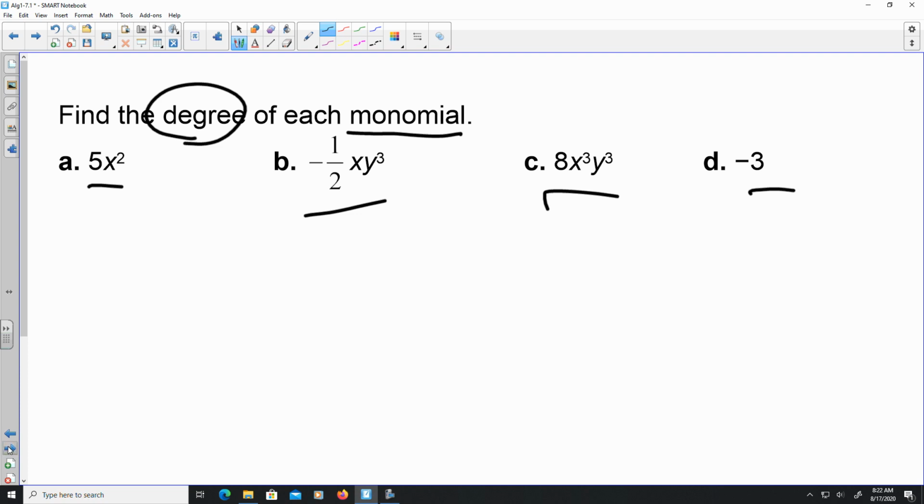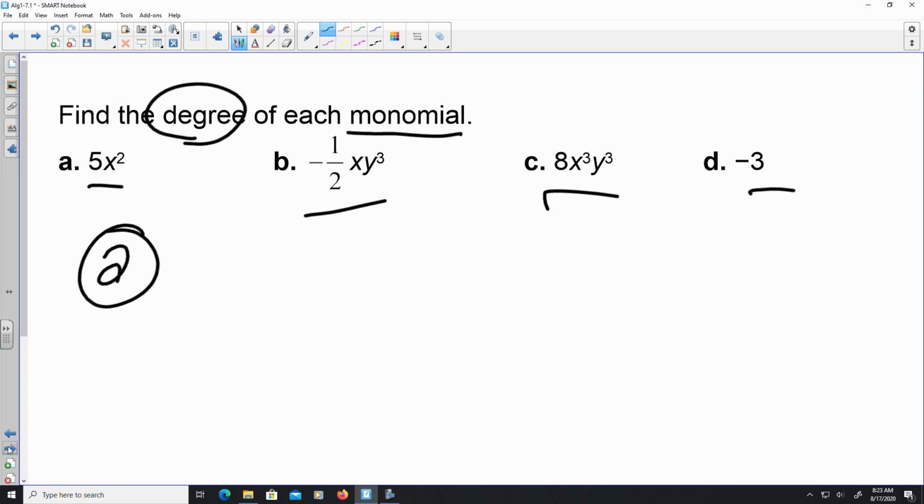When you look at the first example, we have 5x squared. That means x has an exponent of 2, so the degree of this monomial is 2.